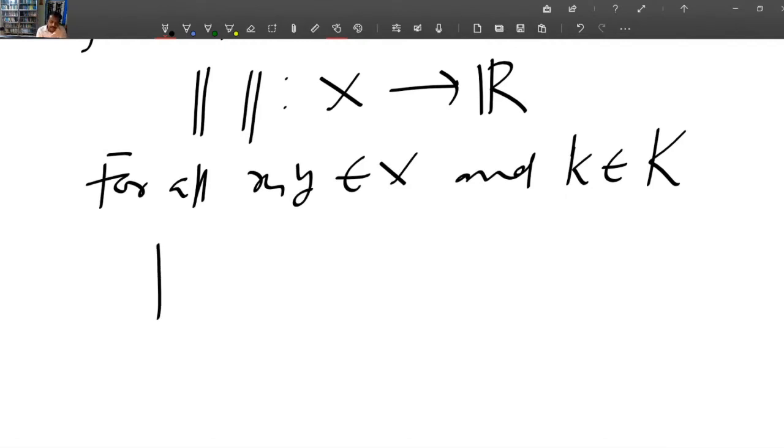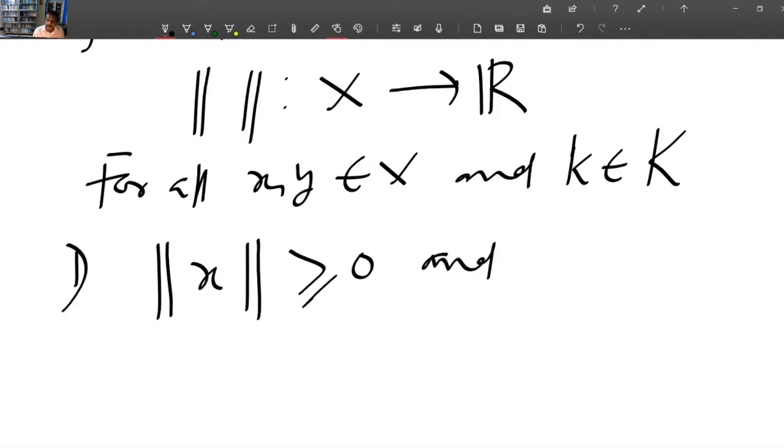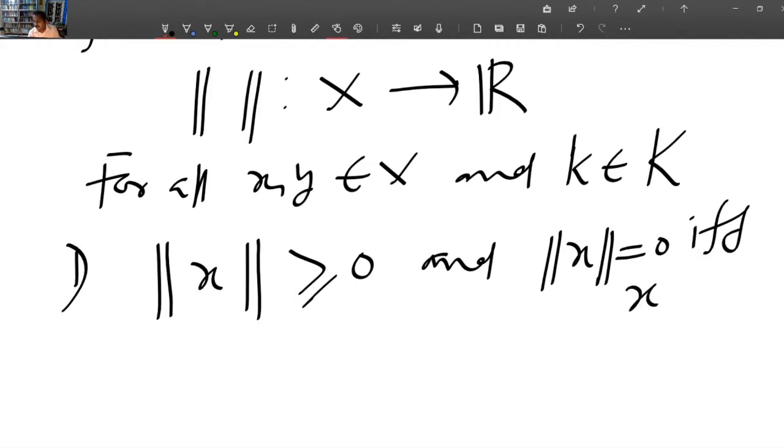So a norm is a function from X to R satisfying three conditions. The first one: the norm of x is greater than or equal to 0, and the norm of x is equal to 0 if and only if x is equal to 0.